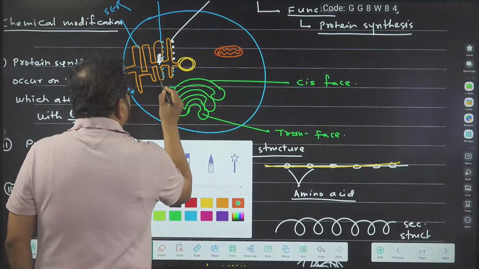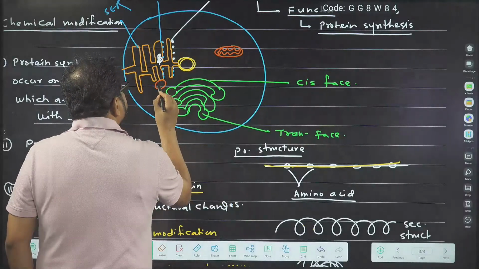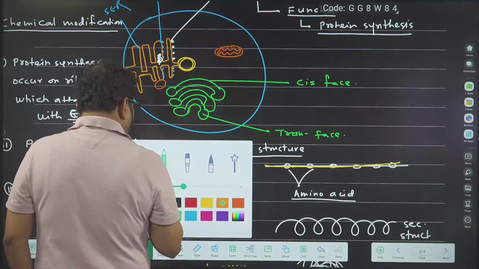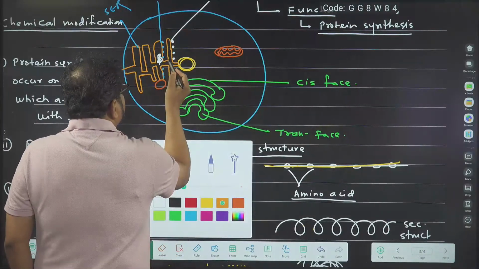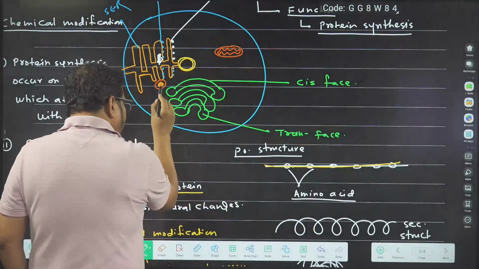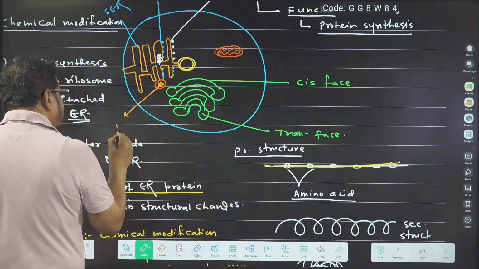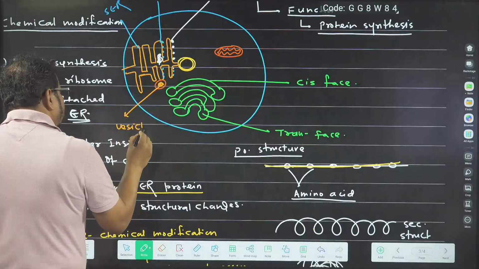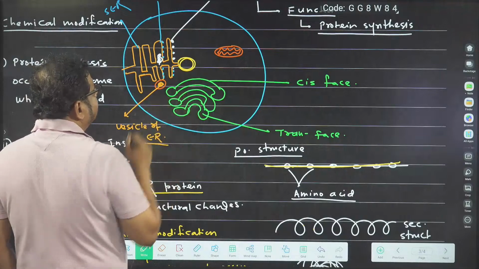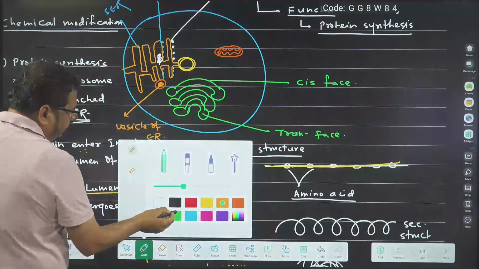So it is going to pinch off and make a vesicle. And here it is a vesicle. In the vesicle, what is packed? It is a vesicle of the ER. Vesicles are present in the ER, and vesicles are also present in the Golgi complex. So this is a vesicle of the ER.